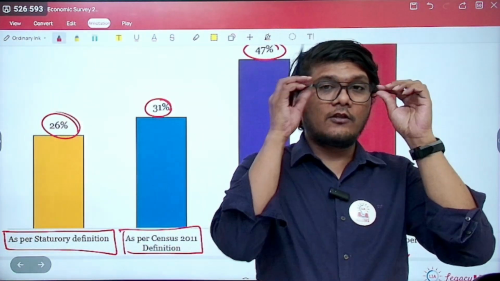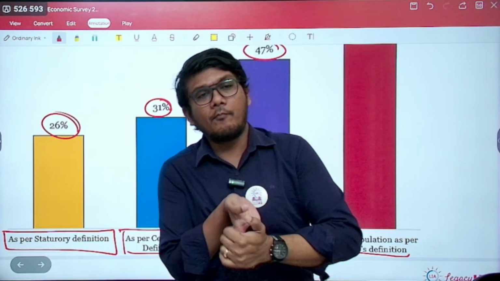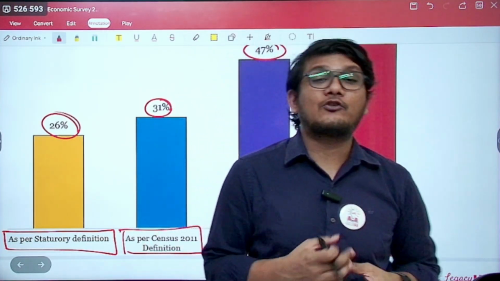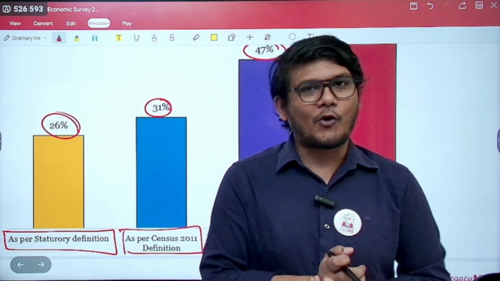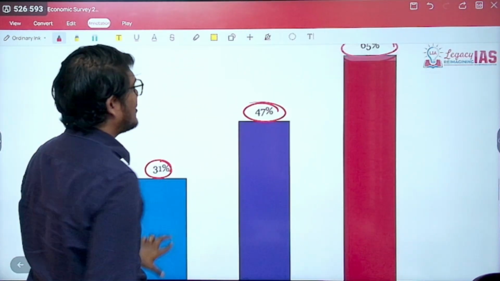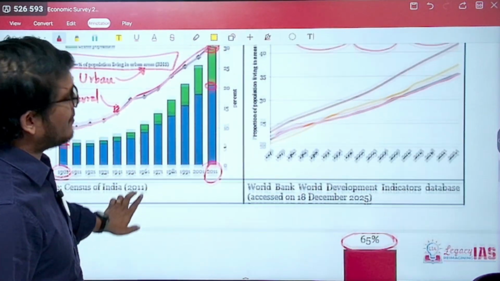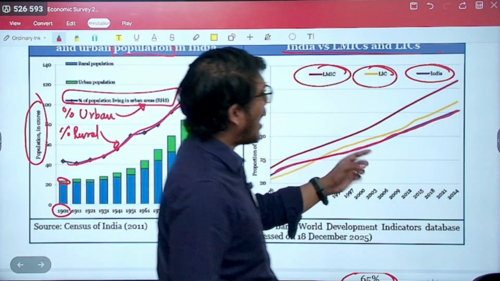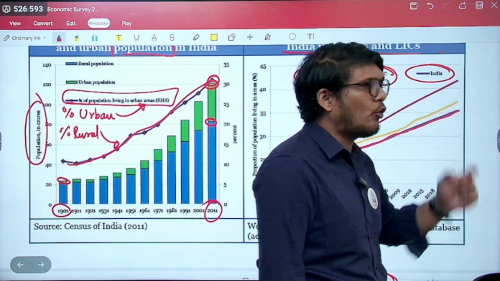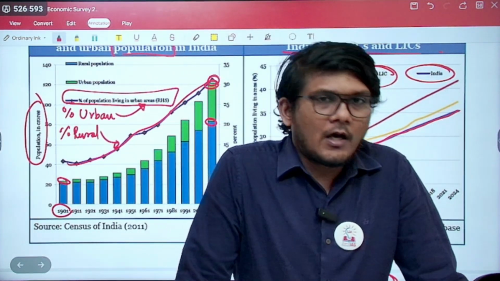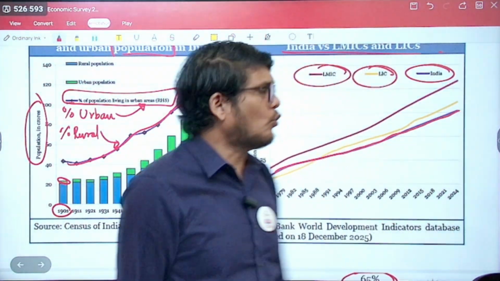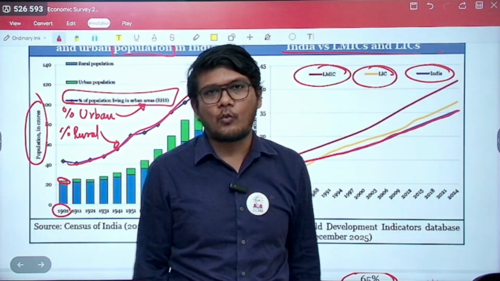Generally in the rural area, it's the primary sector which employs the majority of the people. That definition also has to be kept in mind, which they have disregarded. But anyhow, it makes sense that yes, we are lower in urbanization with respect to low income countries, but not necessarily too low, because our definition is quite rigid.